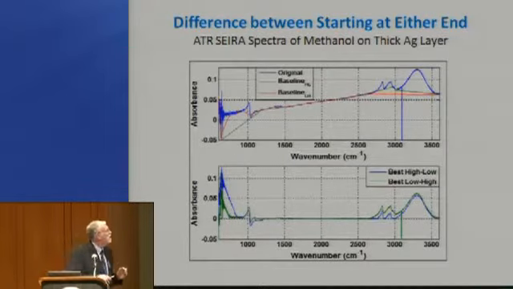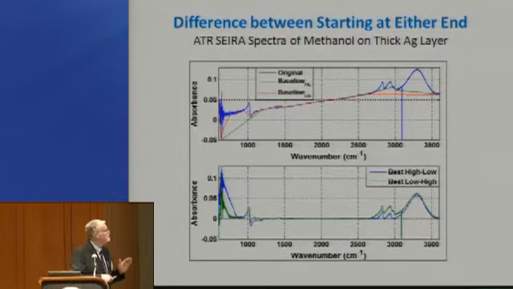So that appears to work well. When you have very broad bands, and this particular one is the ATR spectrum of liquid methanol sitting on top of silver nanoparticles, in this particular case, the baseline depended on whether you started at low frequency or started at high frequency.